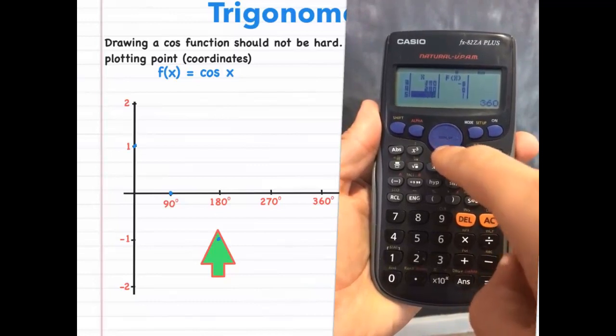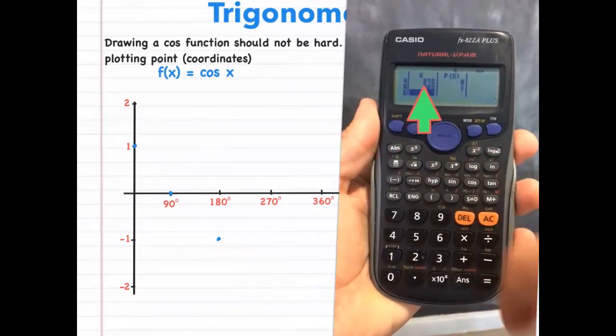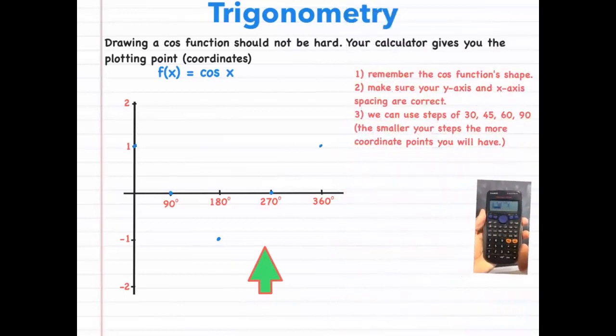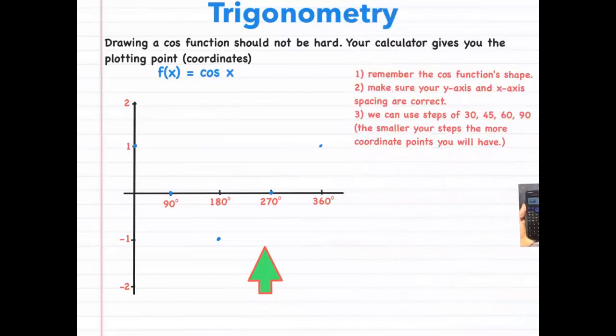There we go, and now we can look at the two other coordinate points, which is 270 and 0. So at 270 we have a y value of 0 right there, and then at 360 our y value is 1. So at 360 we go up to 1, which is right there, and I'll plot that dot in here as well. There it is. Okay, great. So our dots are plotted, and now I can put my calculator away. There it goes. Okay, brilliant.